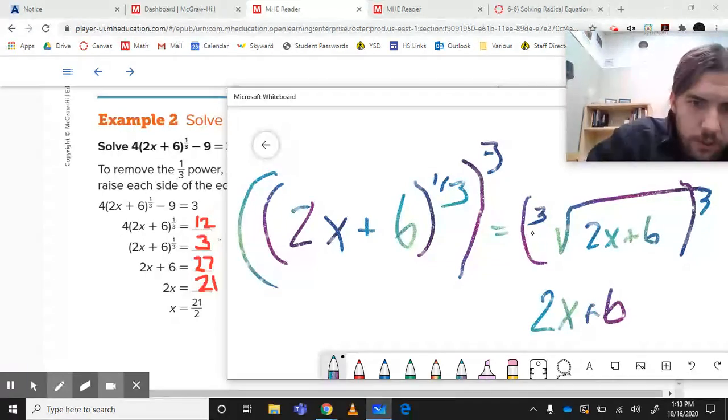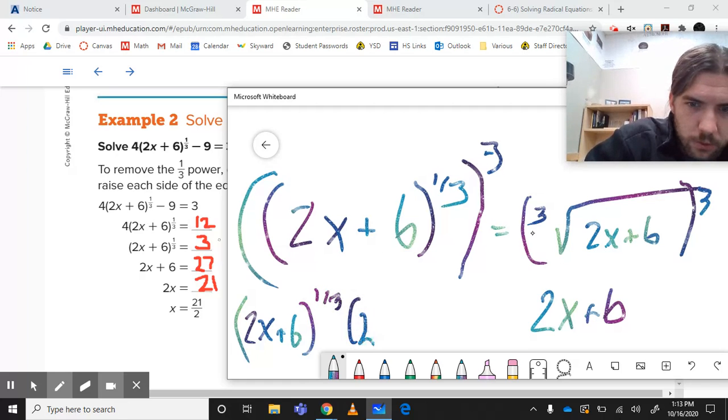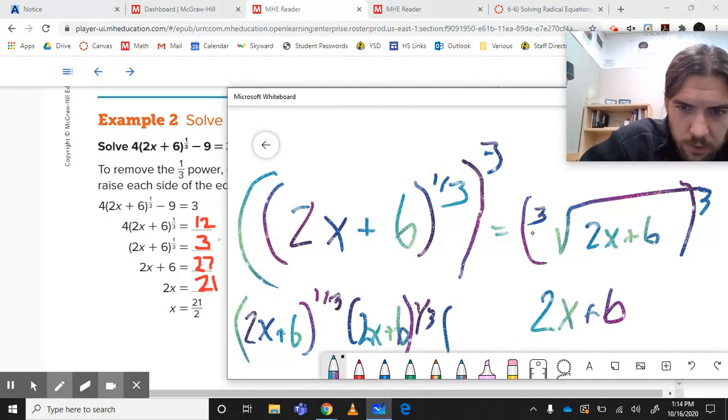On this one, we get 2x plus 6 to the 1/3 multiplied by 2x plus 6 to the 1/3 multiplied once again by 2x plus 6 to the 1/3.